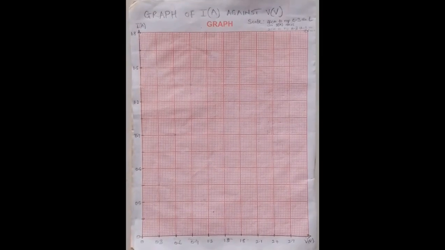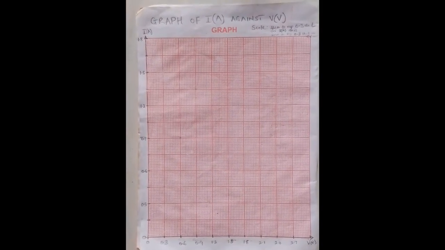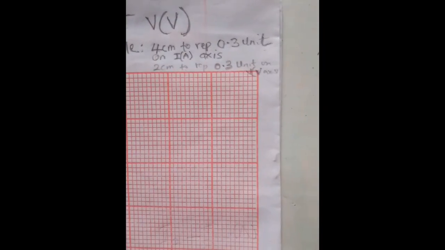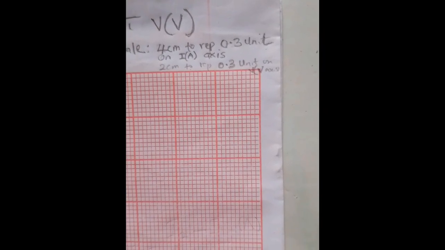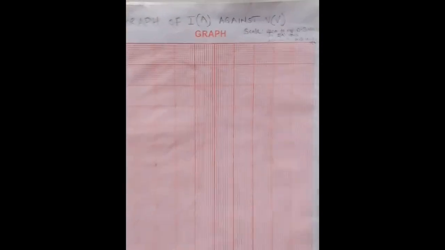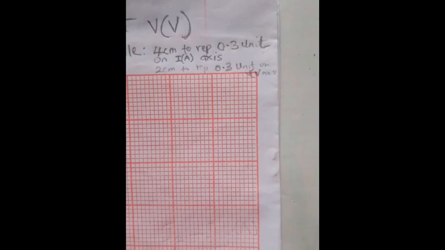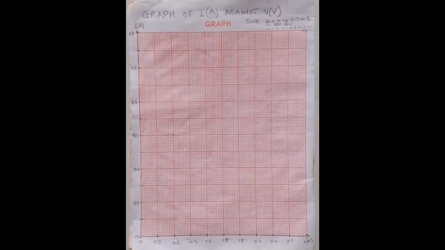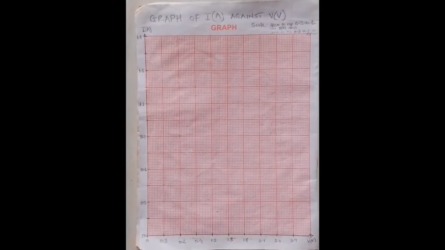We are using 4 centimeter here to represent 0.3 unit on the vertical axis, that is the current axis, and using 2 centimeter to represent 0.3 unit on the horizontal axis, that is the voltage axis.